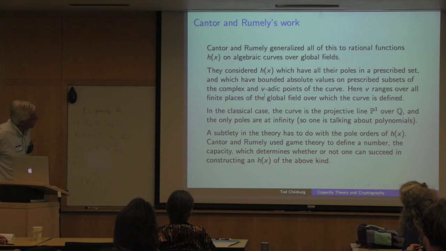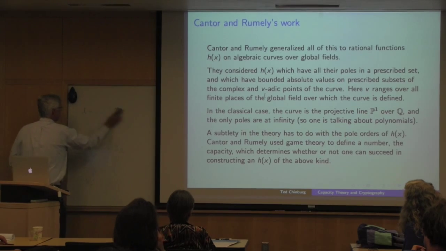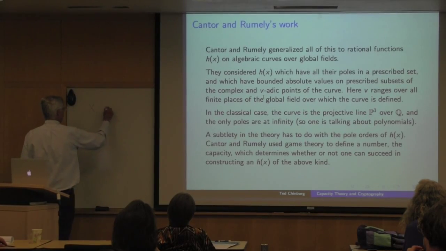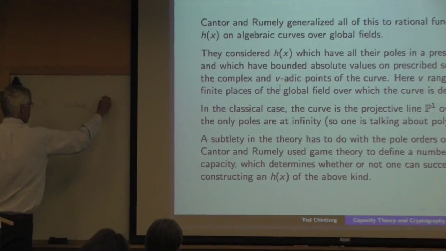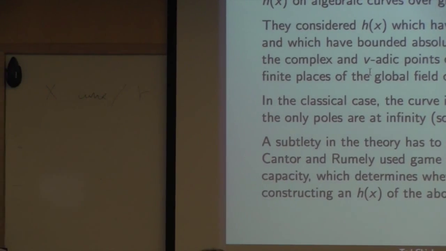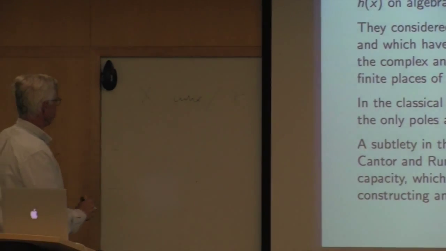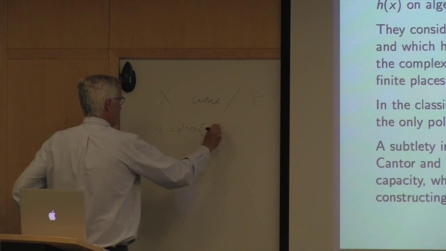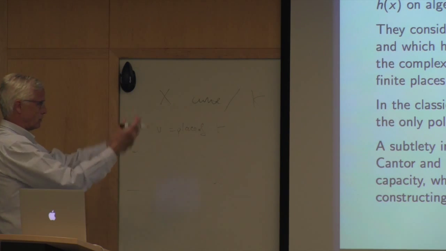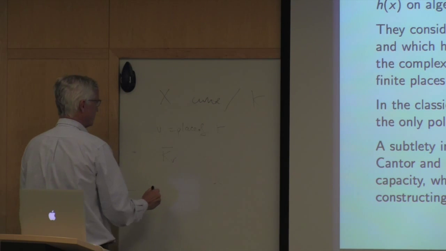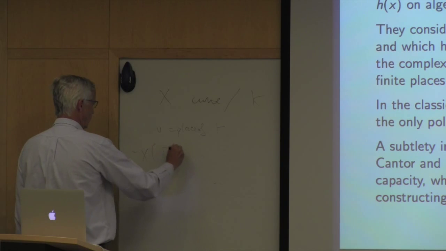And what they looked at is, you have this curve over some global field. And what they looked for were functions that had these kinds of properties. If you take v as a place of K, meaning a prime ideal of the ring of integers or one of the embeddings into R or C, you can talk about the algebraic closure of the completion and look at the points of the curve there.